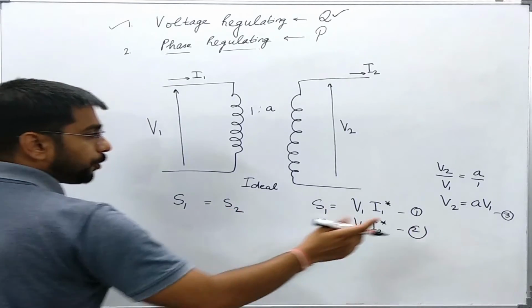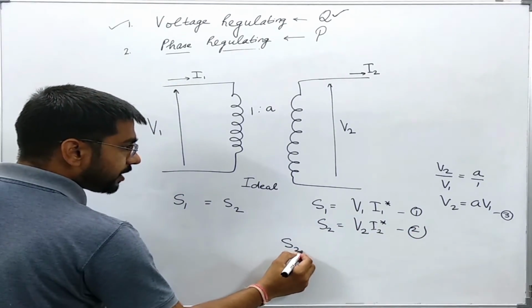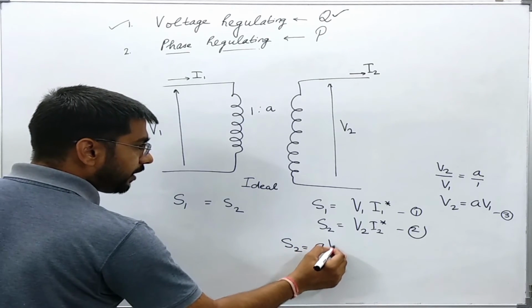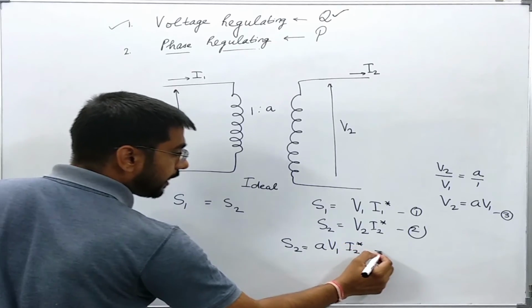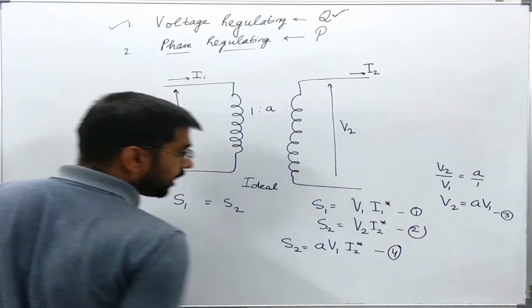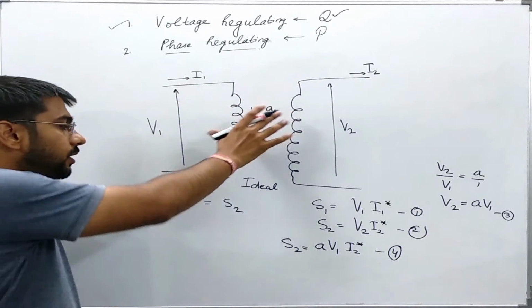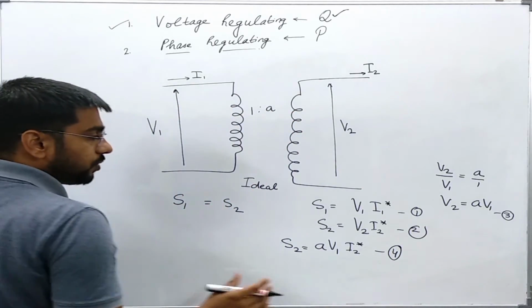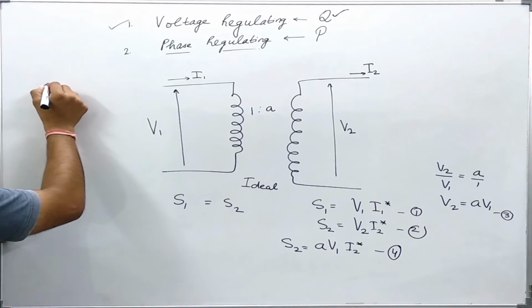Okay, so putting 3 into 2, what will I get? S2 is equal to A V1 I2 conjugate. Let us say this is equation 4. Now as I already told, this is an ideal transformer, so S1 is equal to S2. So equating equations 1 and 4, what will I get?